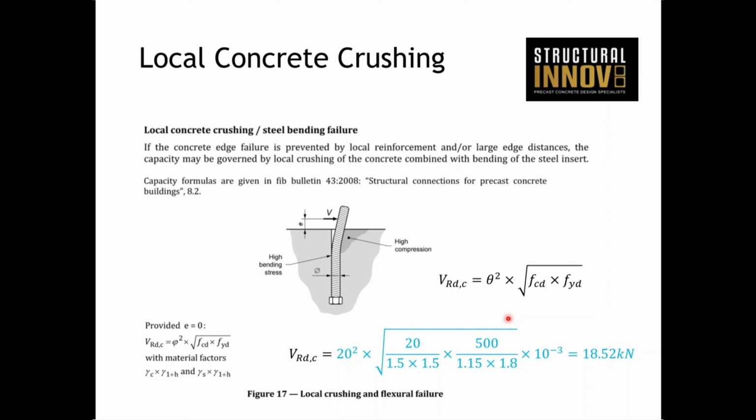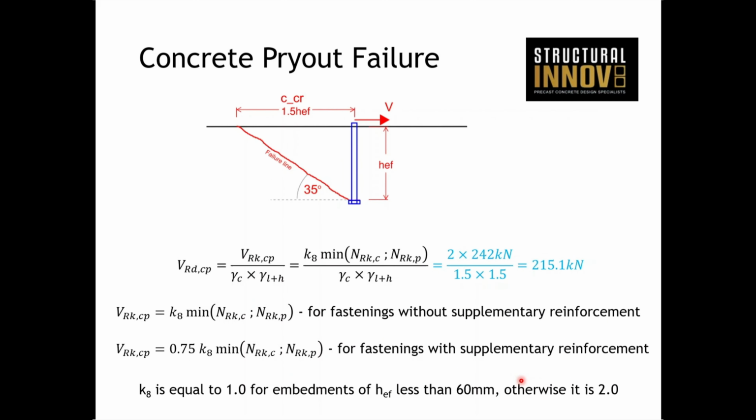Local concrete crushing is the next one and often governs, and it's a function of the diameter of the bar, as well as the concrete strength and the strength of the steel. Putting that in, 18.52 is our capacity there, and it's considerably less than the edge distance failure, so that's probably the one that's going to govern. And the final shear check is concrete pry-out failure.